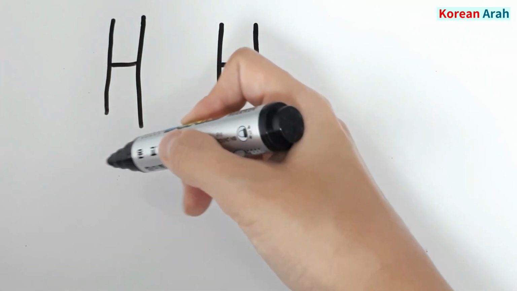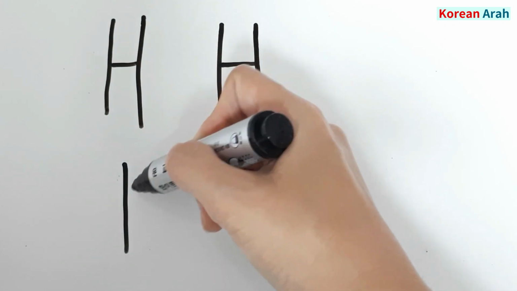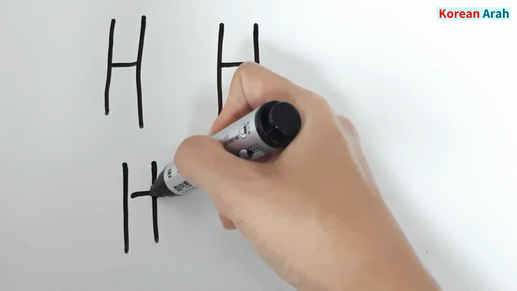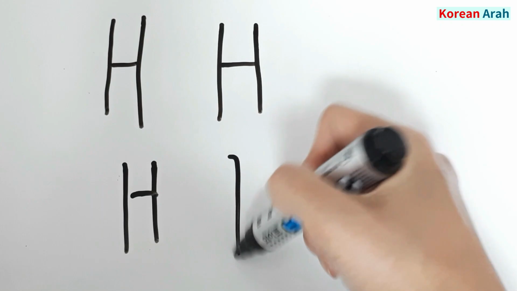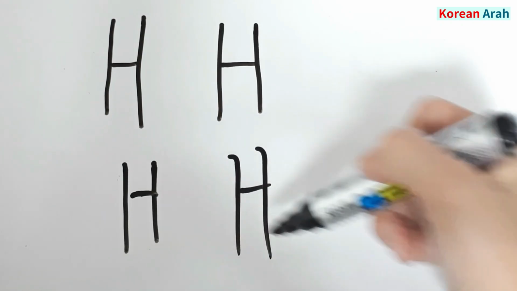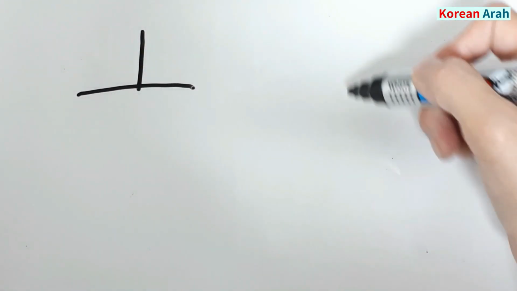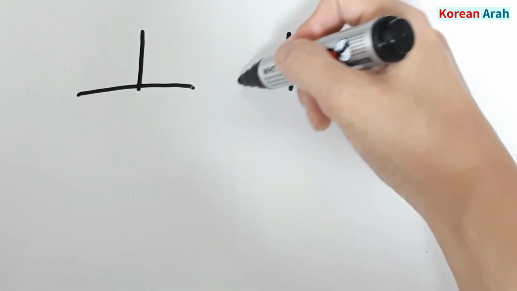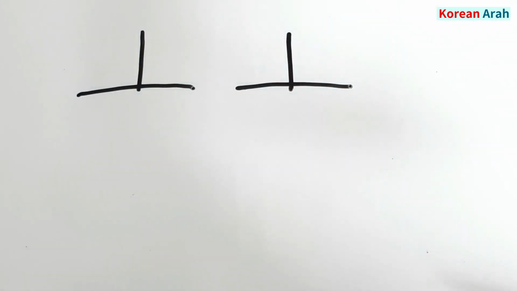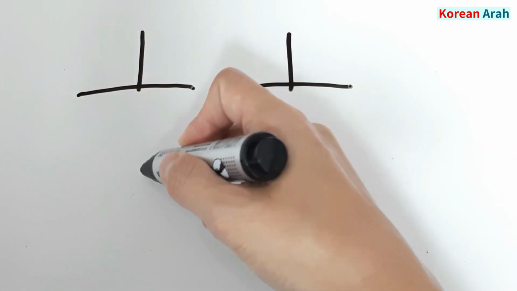Some people write it like this. Or, no problem. O. 2 strokes. 1, 2. Some people write it like this.